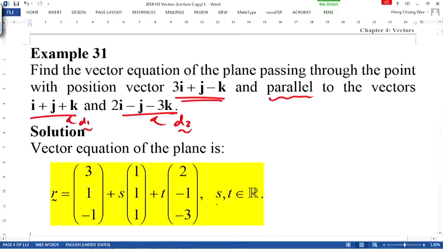Just remember that in this case, s and t are the so-called variables that you are supposed to solve when it comes to planes.